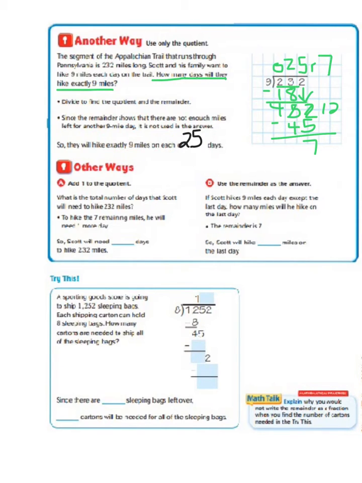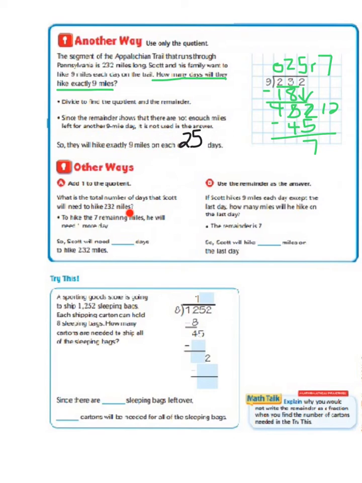Now, another way is to add 1 to the quotient, or 1 to our answer. So what is the total number of days that Scott will need to hike 232 miles?